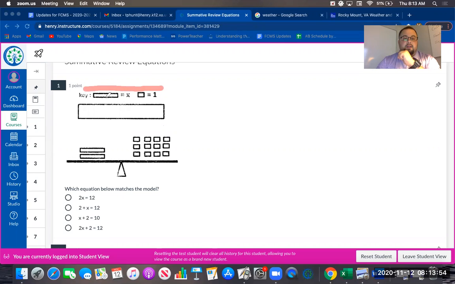As we can see here, we have a rectangle equals X, a small unit equals 1. So on my balance beam here, because that's what equations are, we're balancing them, right? So this right here, we have when we put an equals mark. For that one, we have rectangle equals X. So we have 1, 2. So that's going to be 2X.